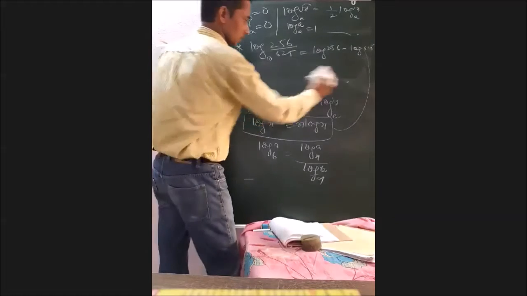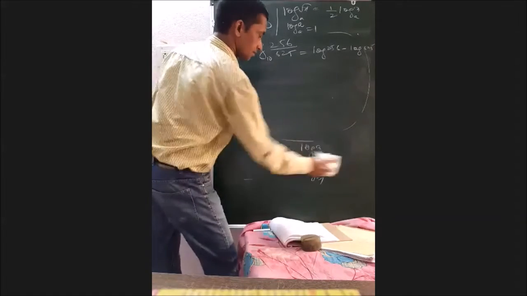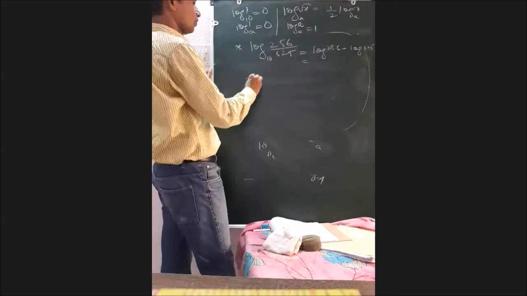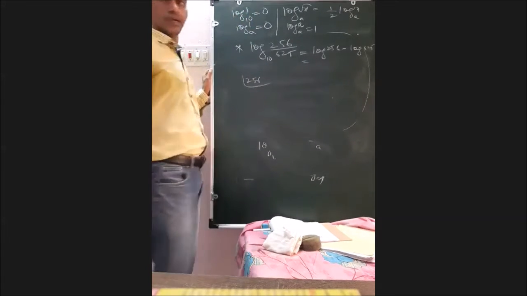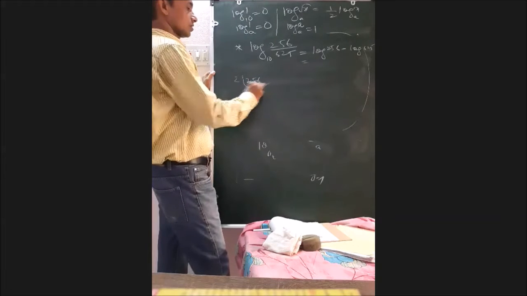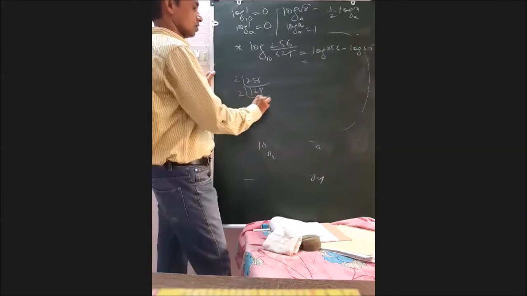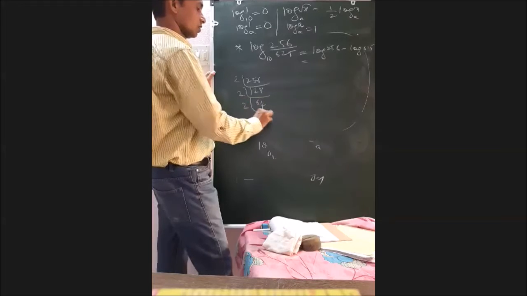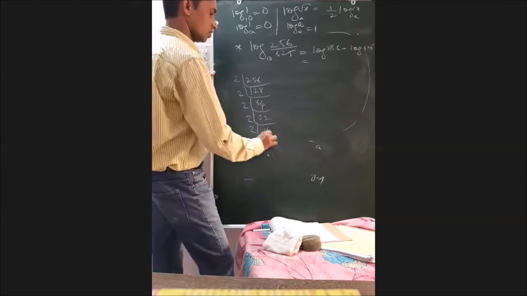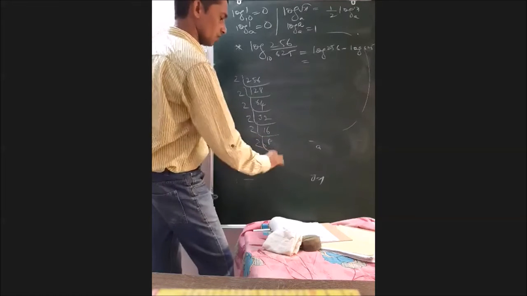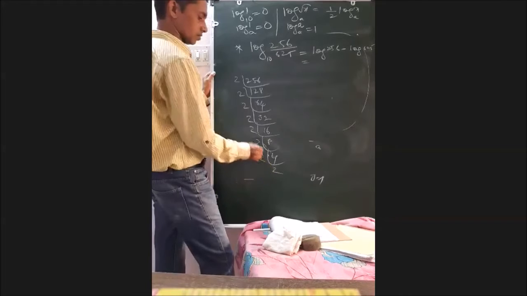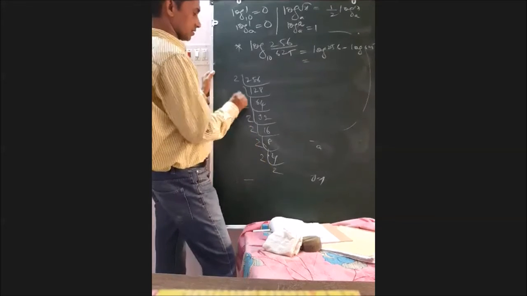Now, what is 256? Divide by 2: 128, 64, 32, 16, 8, 4, 2. Now how many times? 1, 2, 3, 4, 5, 6, 7, 8.